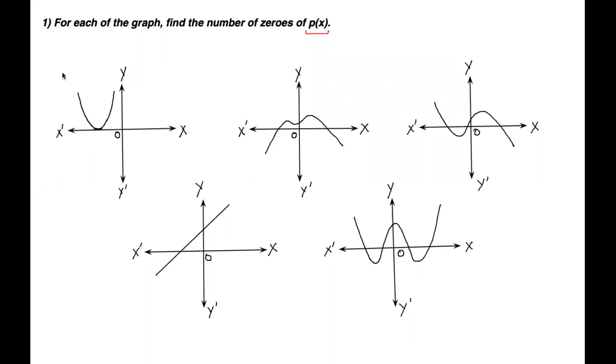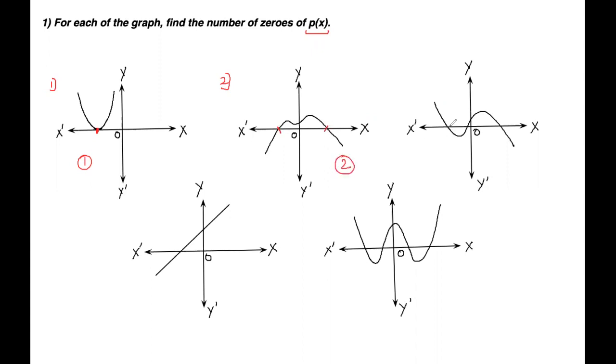So now we look into the first graph. In the first graph, we can see that the graph is touching only at one point. Therefore, the number of zeros in this particular polynomial would be 1. In the second graph, the graph touches the x-axis at 2 points, here and here. Therefore, the number of zeros would be 2.